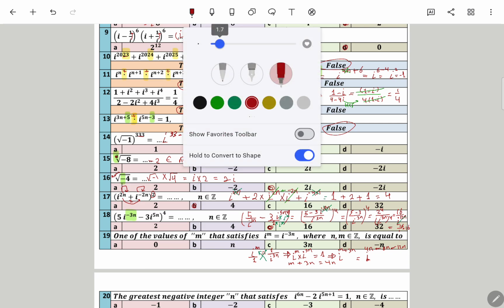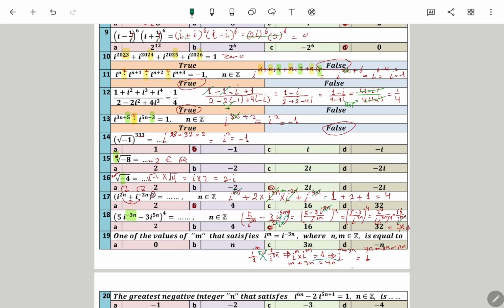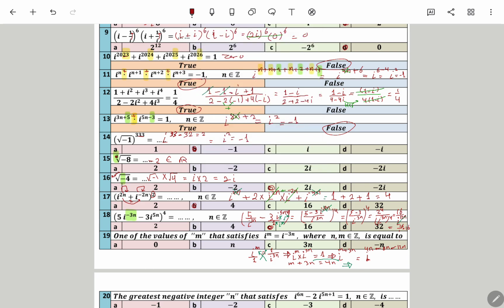Move this 3n to the other side and subtract. That will give you m equals 4n minus 3n, and this will be the answer, which is one of the answers in the alternatives. So the answer is n.